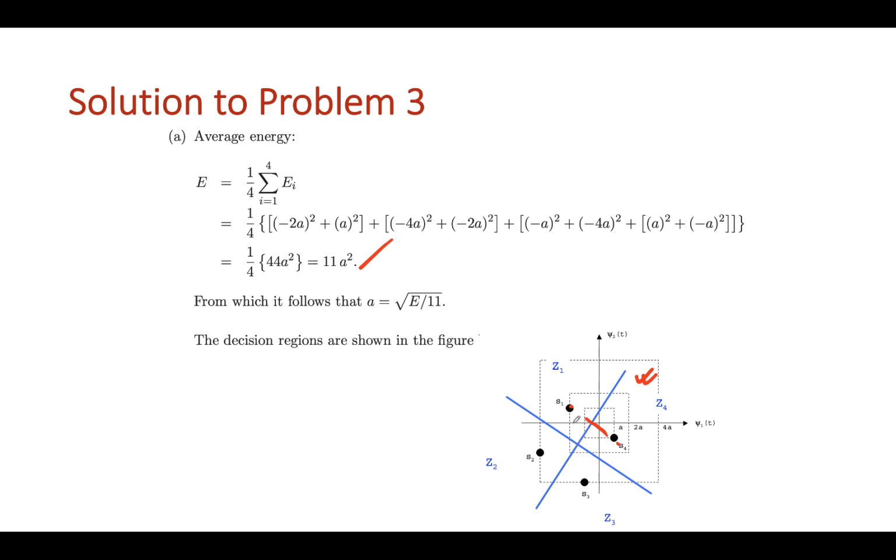For QPSK also, actually these were the decision regions. Anyway, the decision regions are shown here and the average energy is calculated.